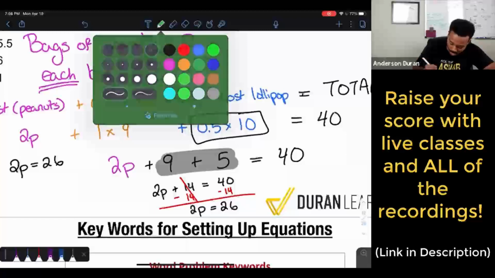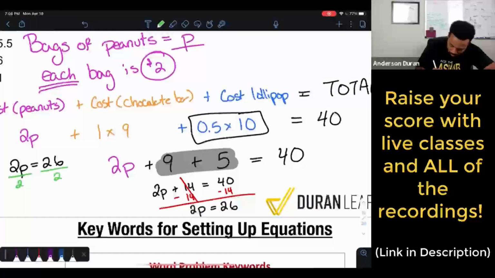Divide by 2 on both sides. Because that's going to cancel this on the left, giving you p equals what? 13. 13 what? Bags of what? Bags of peanuts. That's right. Bags of peanuts. Right there.